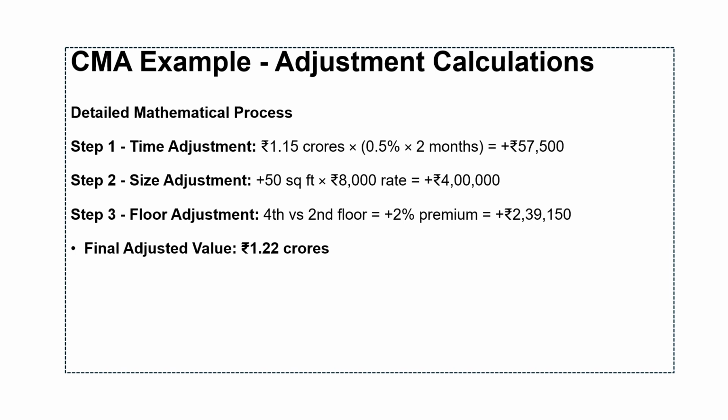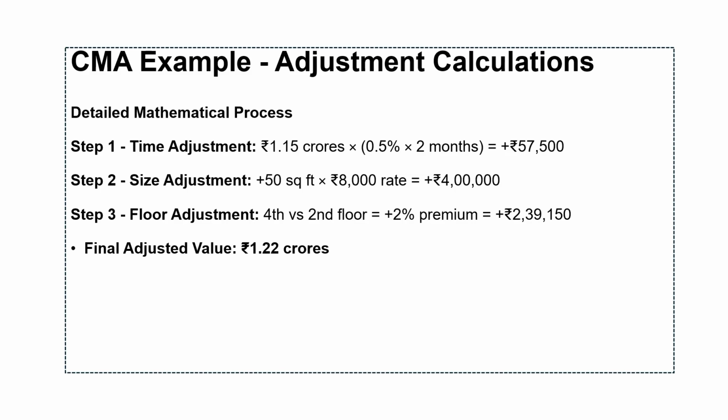This systematic approach ensures that all significant differences receive appropriate consideration while maintaining clear documentation of the adjustment rationale. The final adjusted value of 1.22 crores represents our best estimate of what the comparable property would have sold for had it been identical to our subject property.